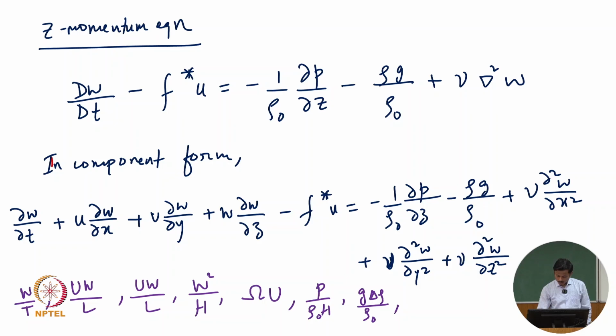So the other three terms scale as nu w by L squared, nu w by L squared, and nu w by H squared, because the scale variable for z is H. So these are the orders of magnitude of these terms.